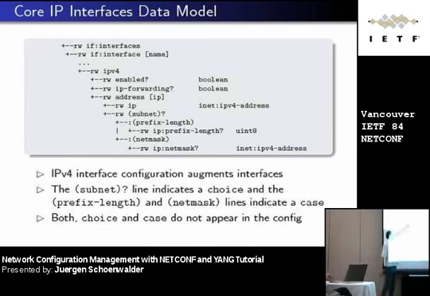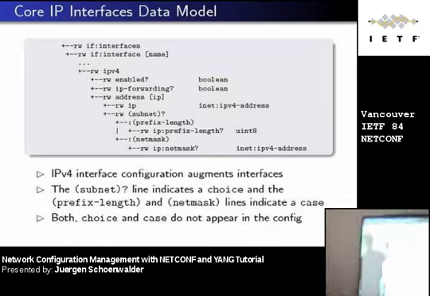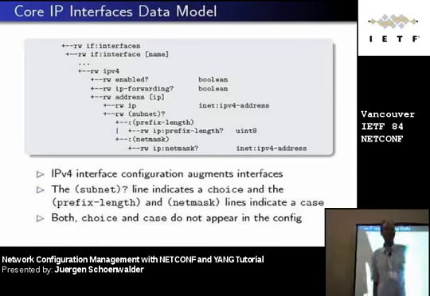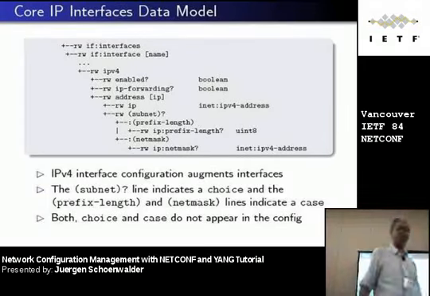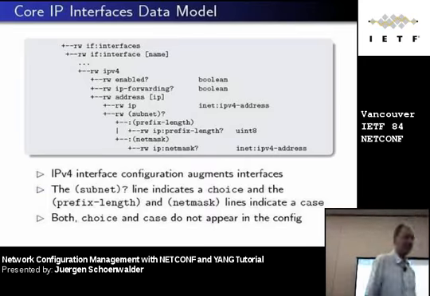You specify either a prefix length or an IP address with a netmask. Some people convinced us to include the use of a non-configured netmask, so we have it here. Again, this document is being last called this evening. It's short, something to read.